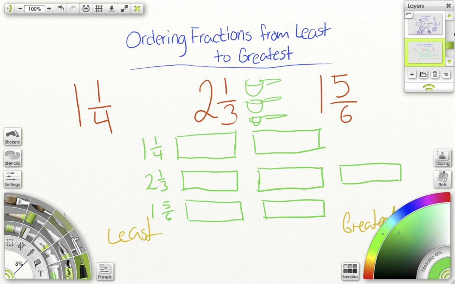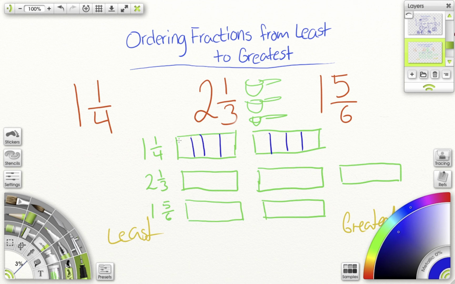So the first fraction we have is 1 1/4. So these strips need to be split up into 4 equal spots. So 1, 2, 3, 4. 1, 2, 3, 4. So I have 2 rectangles that are split up into 4 equal sized portions. If I have a whole number, that's my first strip.